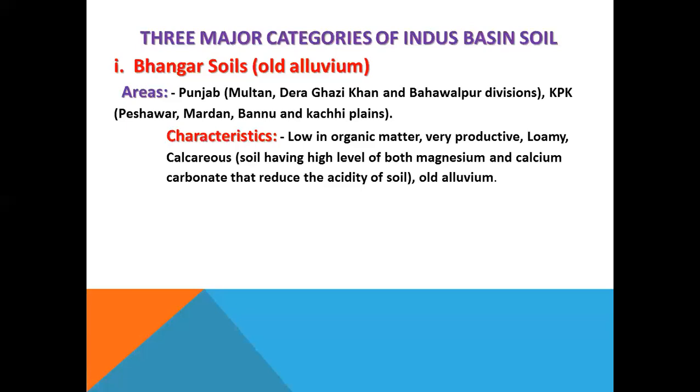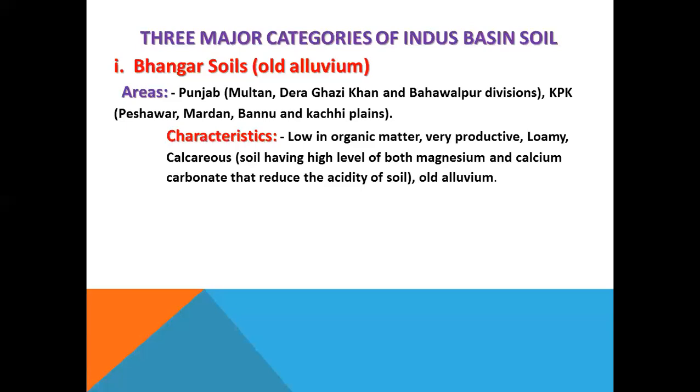These soils cover a vast area of the Indus plain, including most of the Punjab, Peshawar, Mardan, Bannu and Kutch plains. These soils are deep, calcareous of medium to fine texture, low in organic matter, but very productive when irrigated and fertilized.